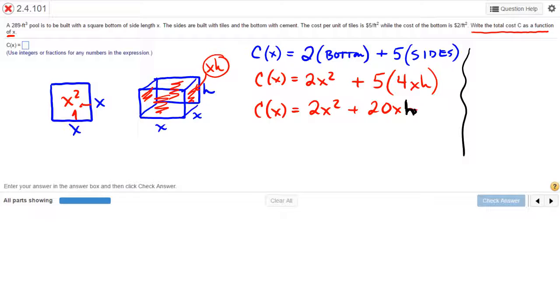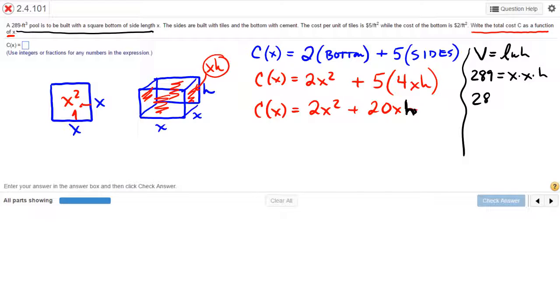So we think to ourselves here, the pool is built with a square bottom. So I'm thinking the volume of anything is length times width times height, and here we have 289, and we're going to go x times h.